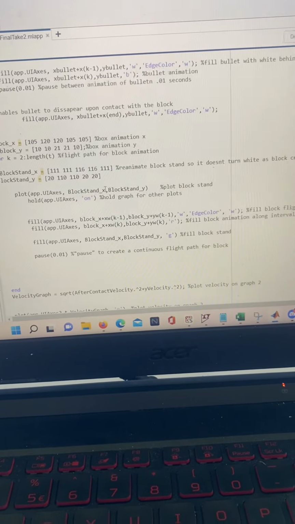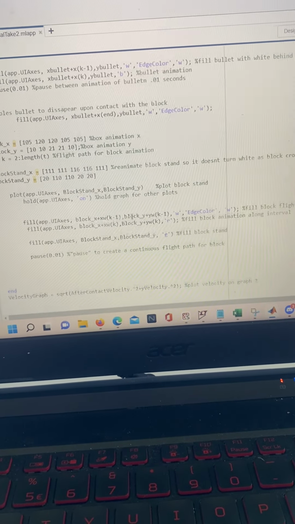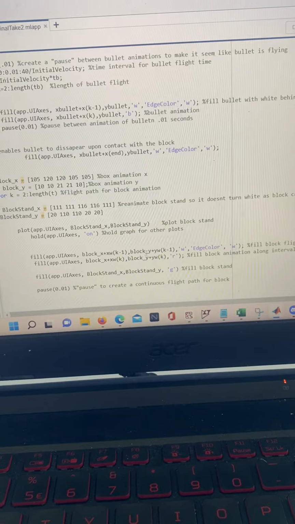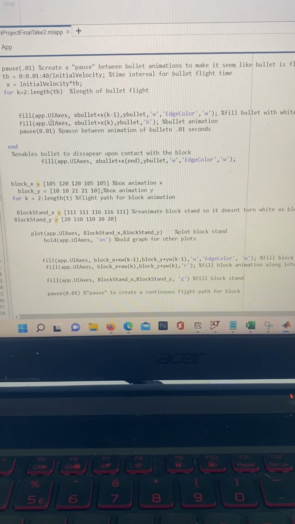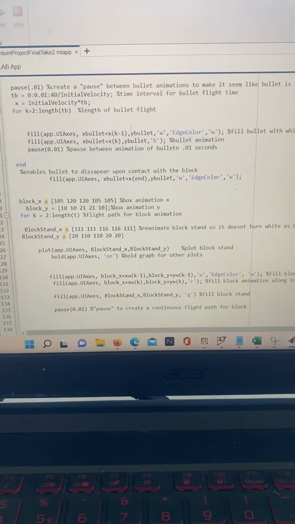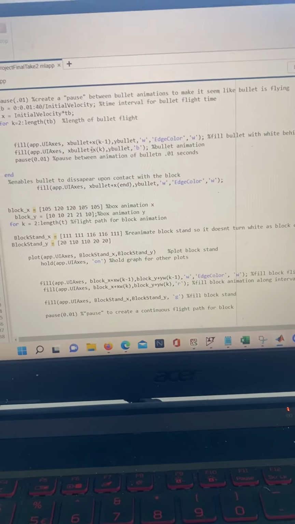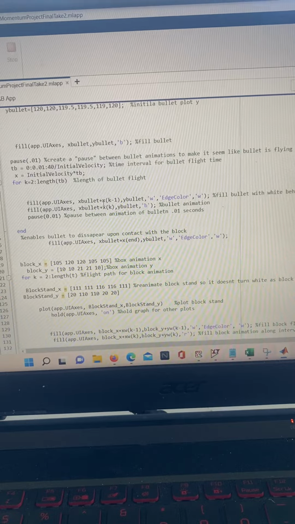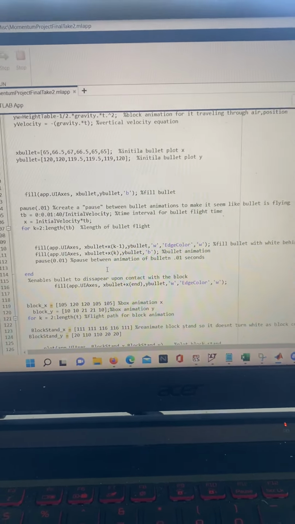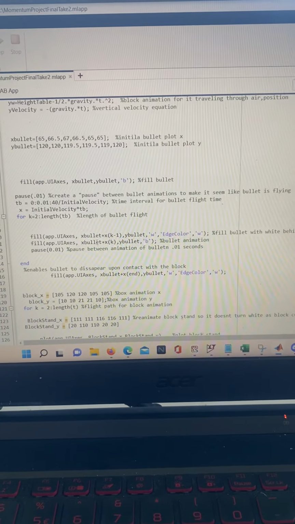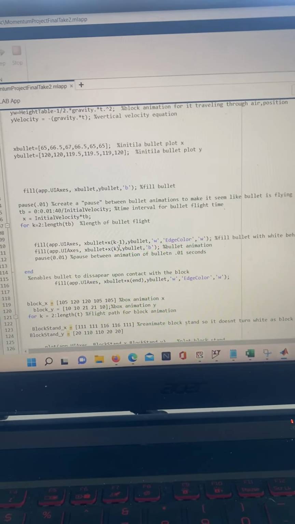The actual animation where the bullet is flying through the air is right here. Oh, actually right here, sorry about that. That's the block. We had to use this little algorithm to make the bullet fly across the screen.